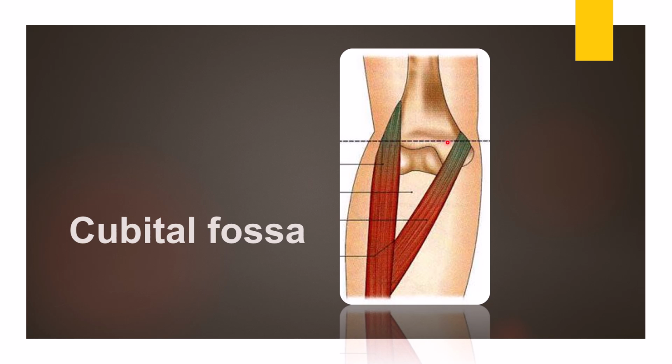So now you got the base and apex of the cubital fossa, and the medial boundary is formed by pronator teres muscle and the lateral boundary is formed by brachioradialis muscle. So this is about boundary.